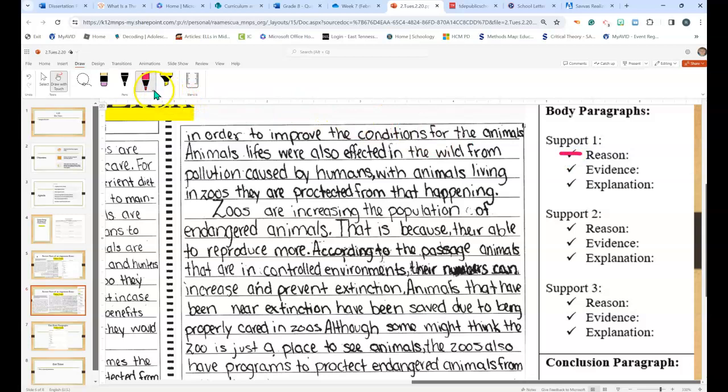We're going to make our evidence blue. We're going to make our explanation purple because red and blue make purple, and the explanation ties the reason and the evidence together. So go down and color code the rest.